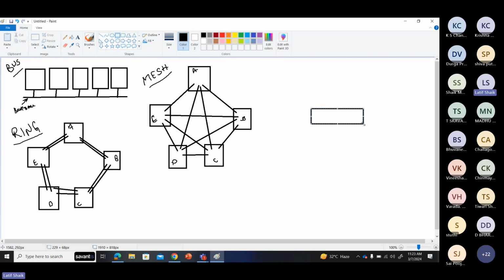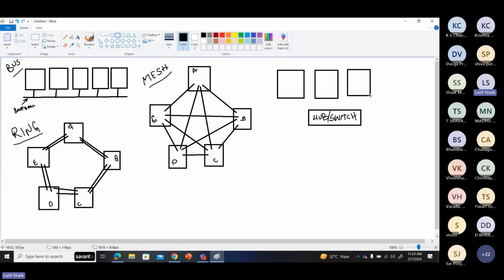Here is a centralized device called a hub, or you can use a switch depending upon your network size and requirement. And we have devices like our computers, laptops, or network printers.